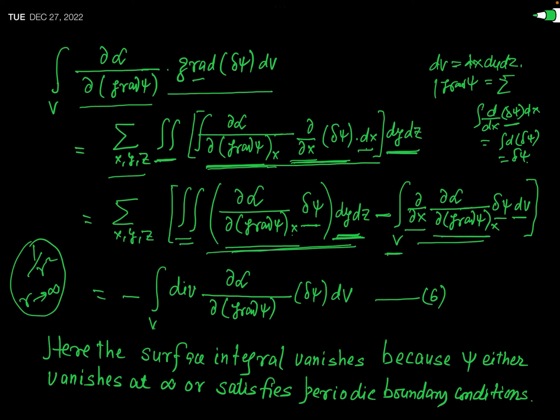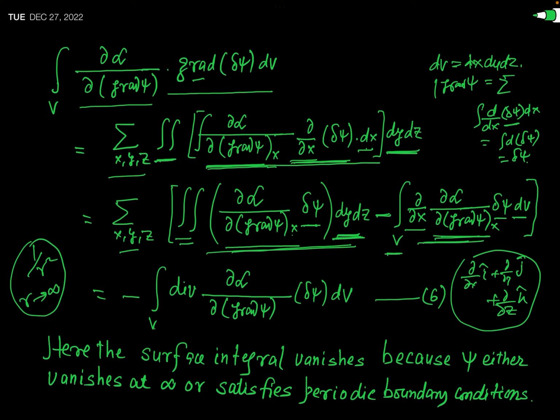Now when you apply this summation on this term, as this term is for the x component, and you sum up all the components, that is x component, y component and z component, then this will be simply del del x i plus del del y j plus del del z k, and this will be actually the divergence operator.